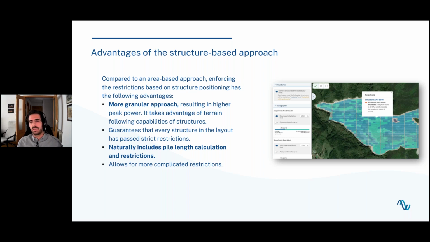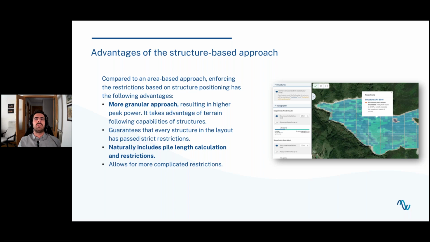It also gives you a strict guarantee that every single structure in the layout has passed your filters and has passed your requirements. So this is very important as well in guaranteeing that your layout is valid. It naturally includes pile length calculation. So this is another thing which we can't take for granted.